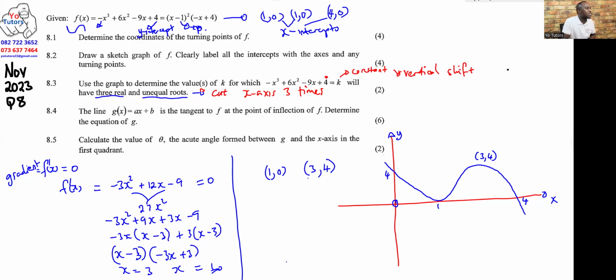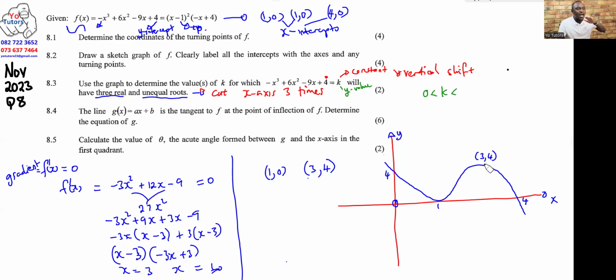We can now say, okay, let's have our k. K should be from 0, but we don't need to include 0, so we say less than, because remember, we're looking at the y value here, up and down. So here we have our k, but less than what?